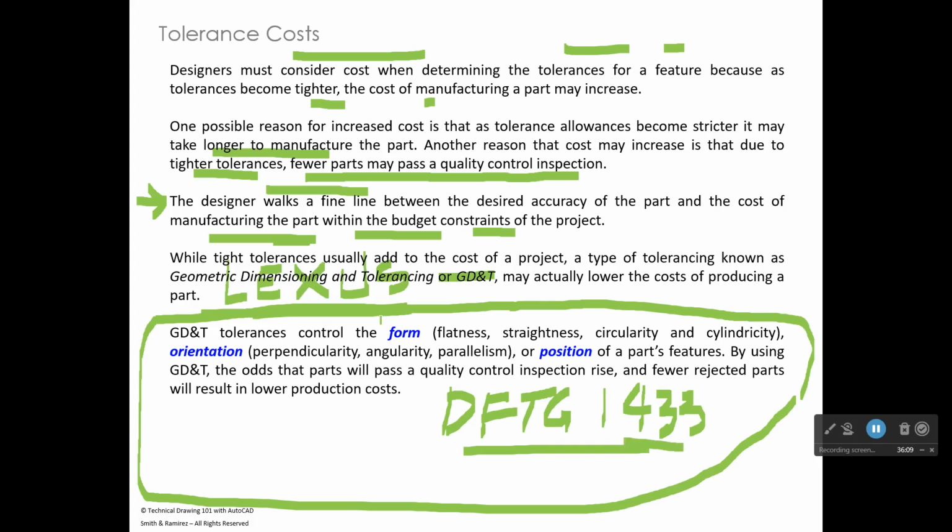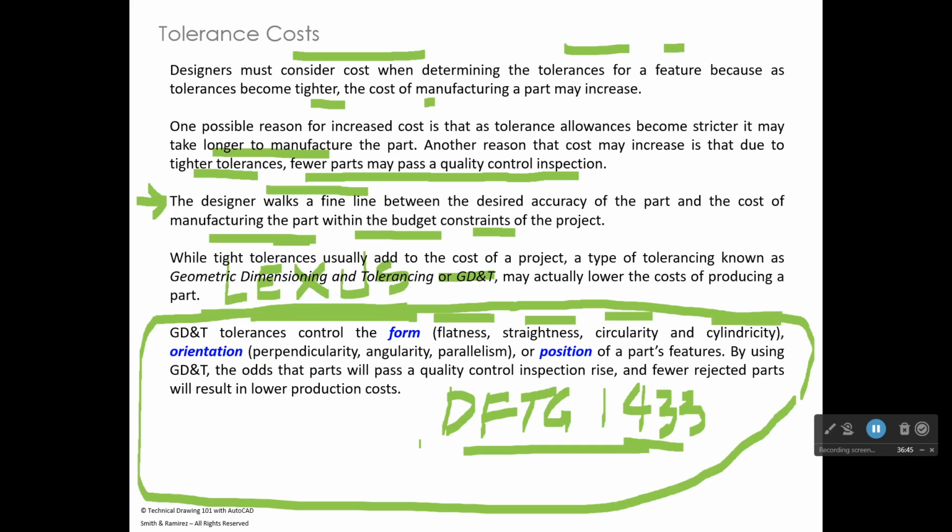We also talk about other considerations of tolerance, things like form, which we haven't even talked about today. When you have a surface, how flat is that surface? If you're talking a few thousandths of an inch, you could have a surface that's kind of wavy. How straight is an edge? How circular is a cylinder, from the end view? And then over the length of that cylinder, how cylindrical is it, which we call cylindricity.